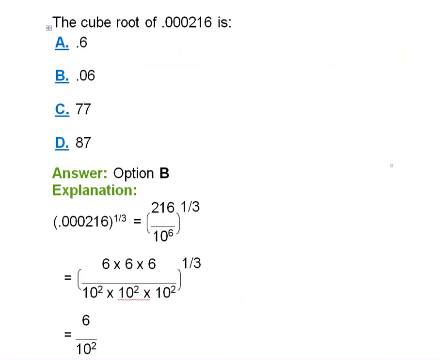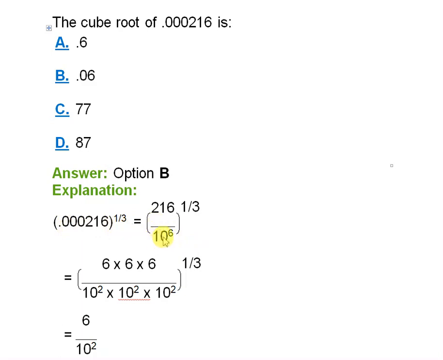The cube root of 0.000216 is, okay, so we have to calculate the cube root and we can write it as n raised to the power 1 by 3. We can write 0.000216 as 216 by 10 raised to the power 6. We remove the point and the number of digits will come in 10 raised to the power.